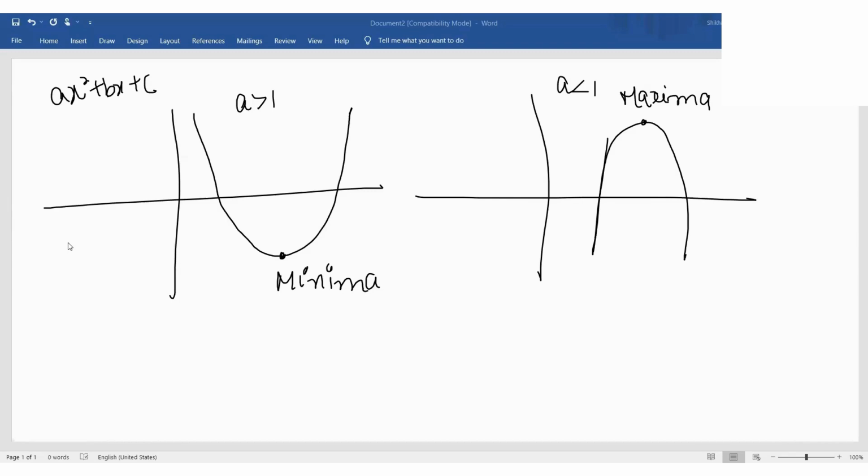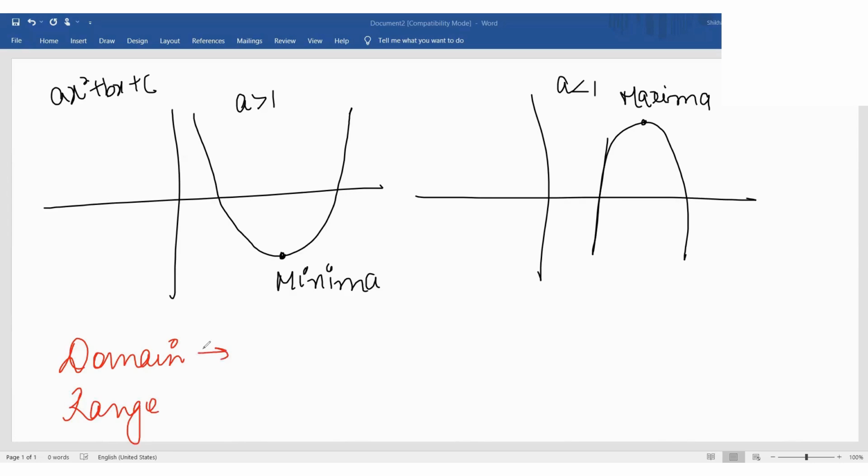Okay. Now, when I ask the domain and range of minima or maxima, can you just let me know what domain and range are here? Domain is the something of the x function like that, and range is like that. Correct. Very good. You're right.